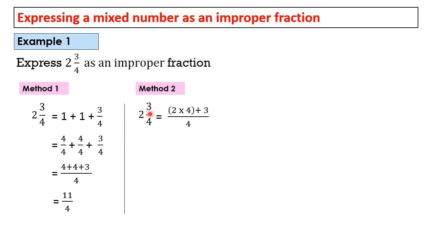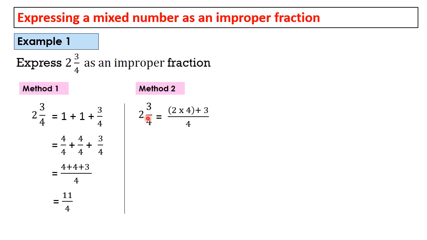When the mixed number is given, the idea is we should multiply the whole number part with the denominator and add the numerator. Here 2 times 4 plus 3. Whole number multiplied with denominator and then add the numerator.